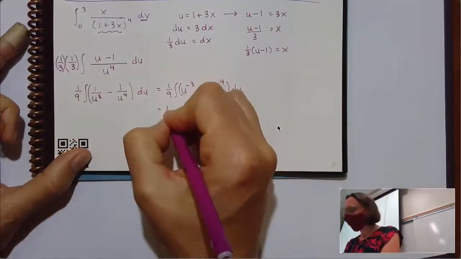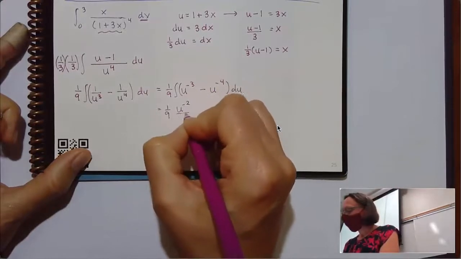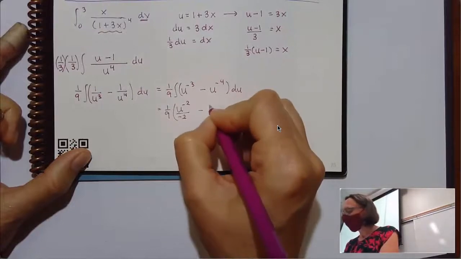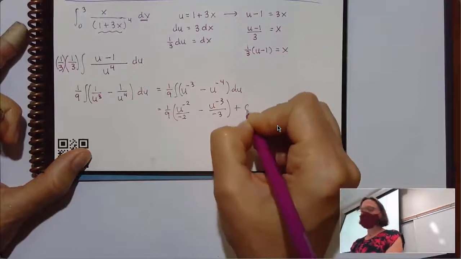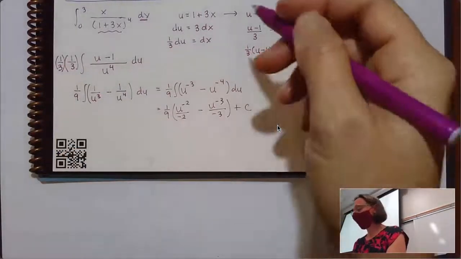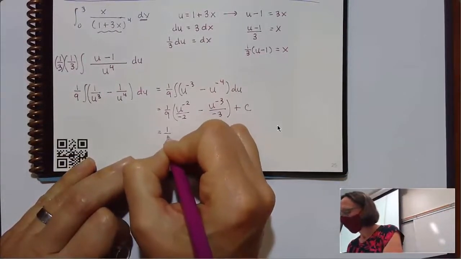Now when I integrate it, I'm going to have u to the -2 over -2 minus u to the -3 over -3 plus a constant. And then we can plug back in what we got to begin with. So I've got 1/9.